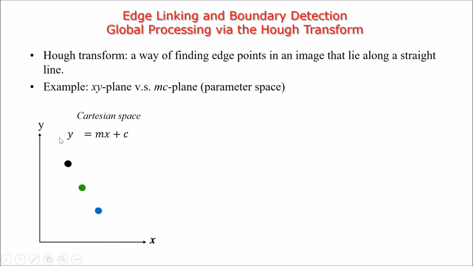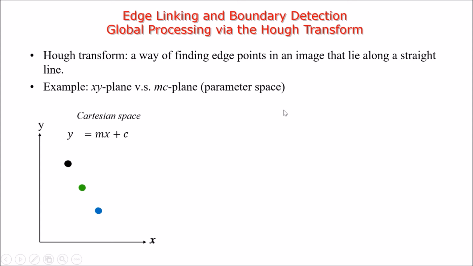For this type of axis, we mark y and x. In general, the equation of a line we can determine by using y equal to mx plus c, in which m is the gradient of the line, and c is the intercept on the y-axis. So this is straightforward in terms of the calculation in the Cartesian space.